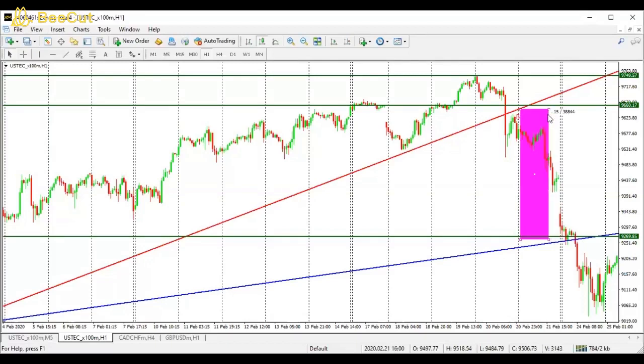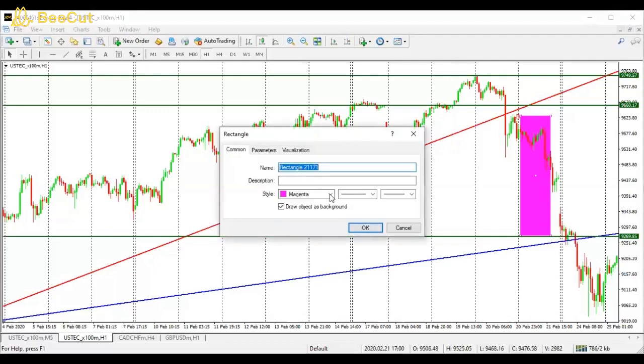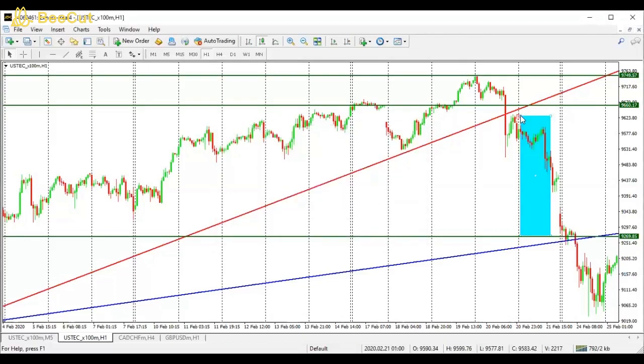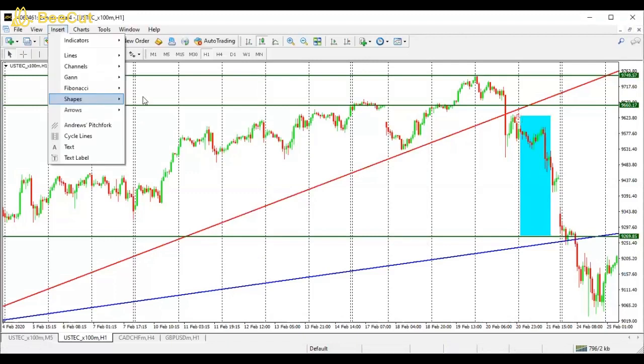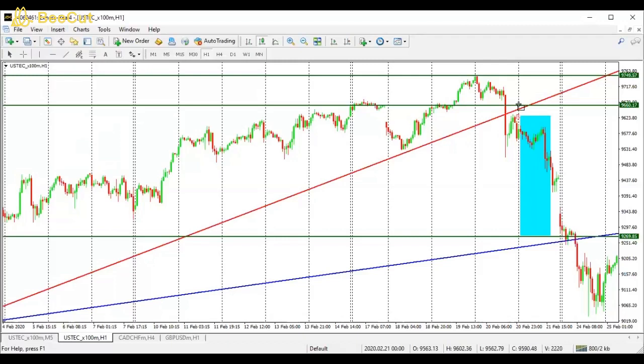So here is our entry, and then this is our reward, which is now blue, and then our risk portion, from here to here.